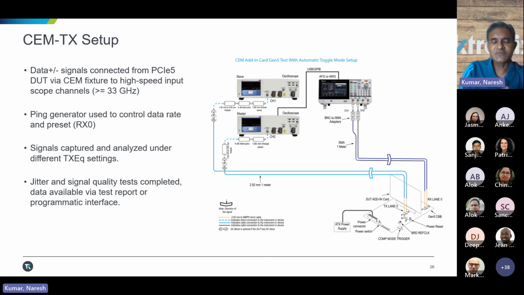So if you really have to do characterization and compliance, then you need to make sure all the defined components are available with you before you perform those tests. Because these tests can be really skewed if you have one component out of spec in the whole chain. So it's important that you have all the right equipment in place along with the cables and probes and interposers and fixtures which are defined.